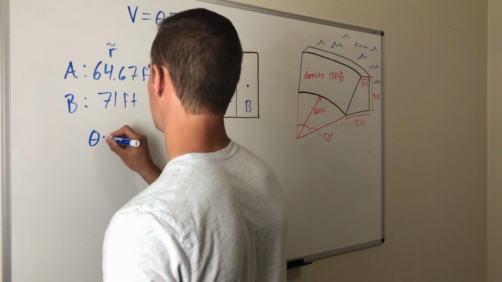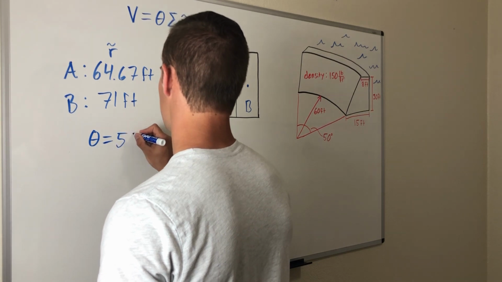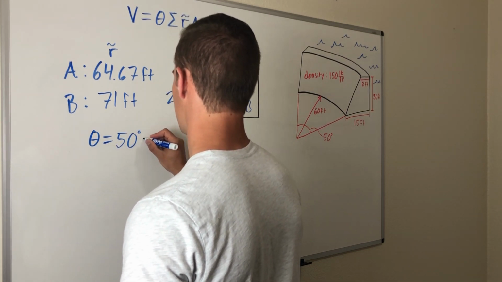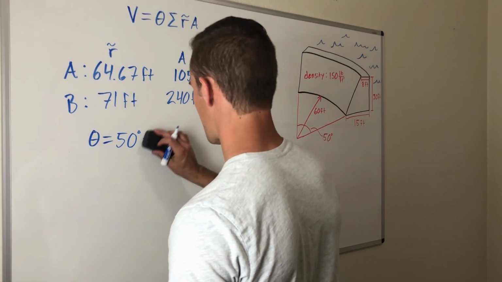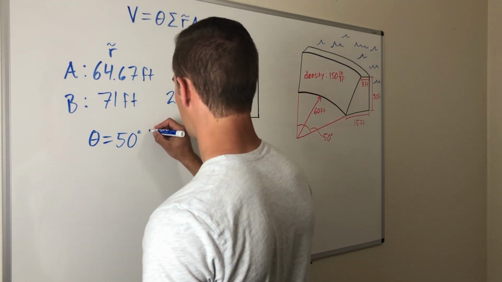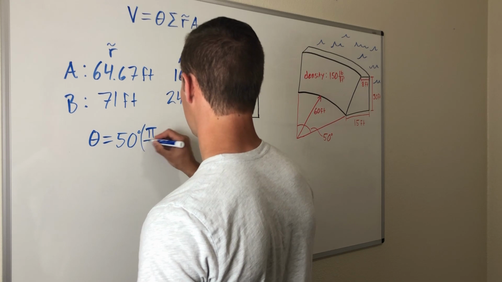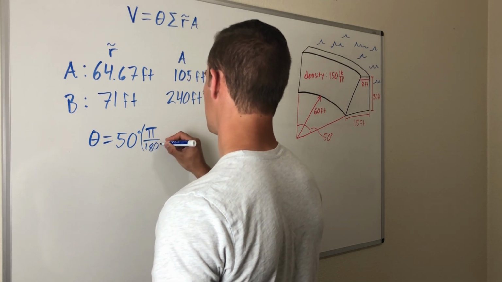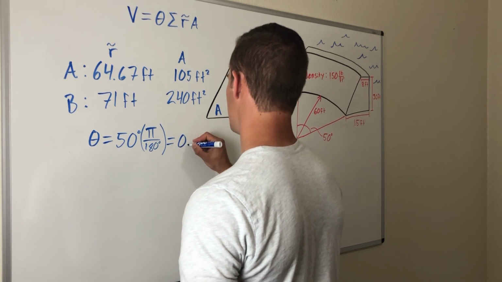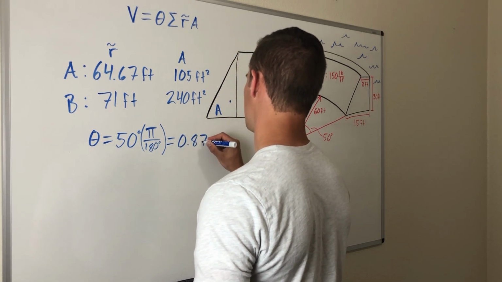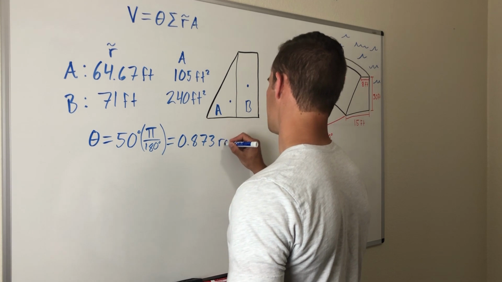So theta is 50 degrees, and to get that into radians you multiply this by pi over 180 degrees, and that comes out to be 0.873 radians.